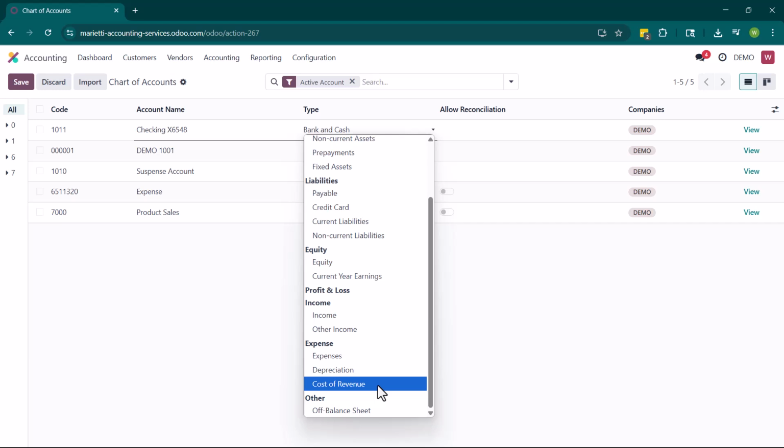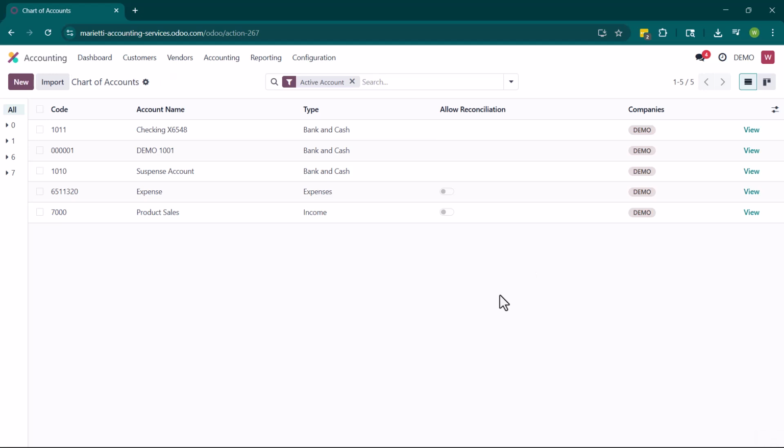However, the electricity to run the machine cannot be, because we're going to have electric bills that are not divvied up based on, this machine costs this amount of money to make, whereas your electricity to your office was this amount. We don't divvy that up. So the electricity in that regard would fall under an expense account, and then the actual ingredients to make that product would be a cost of revenue.